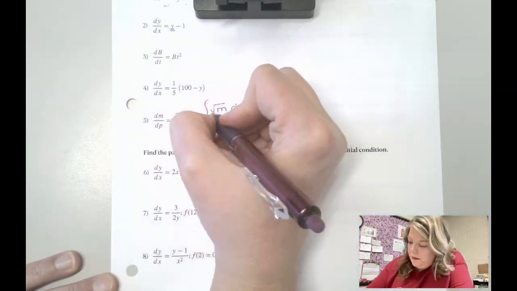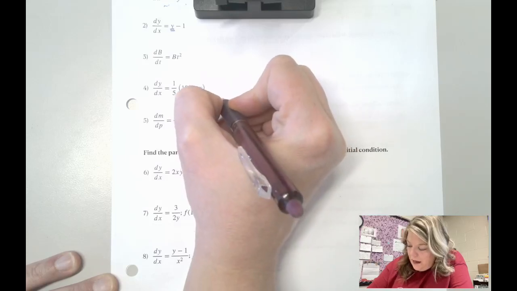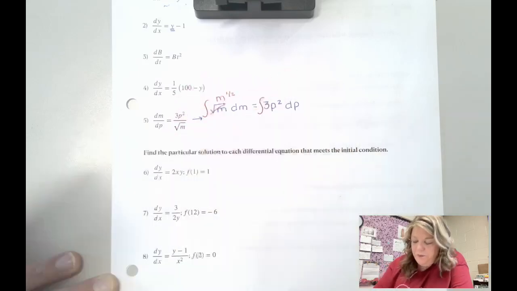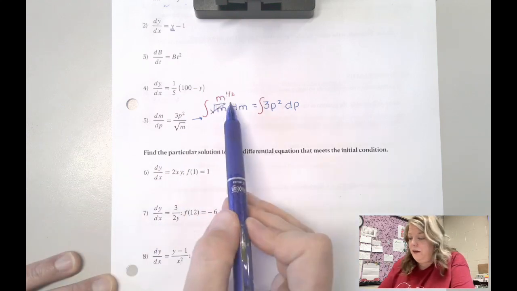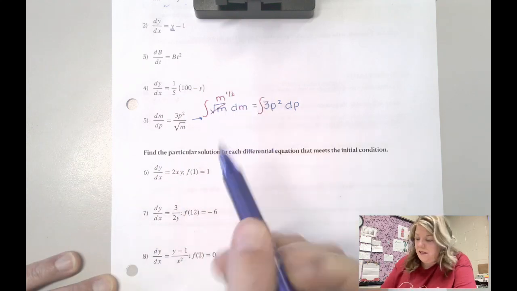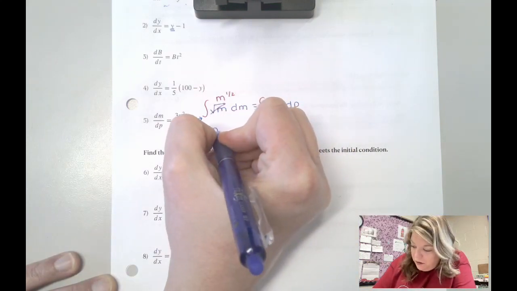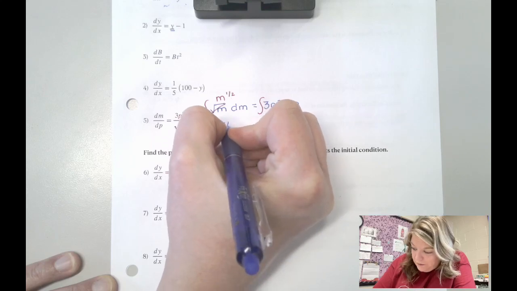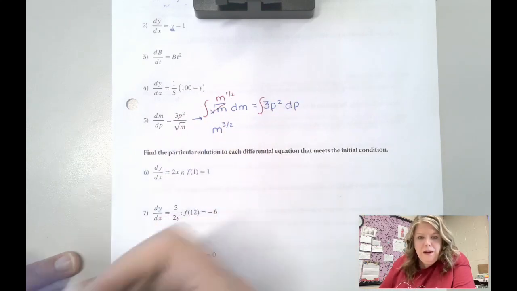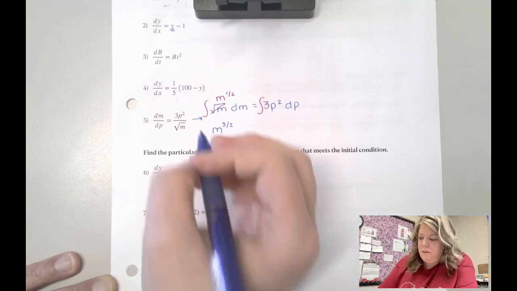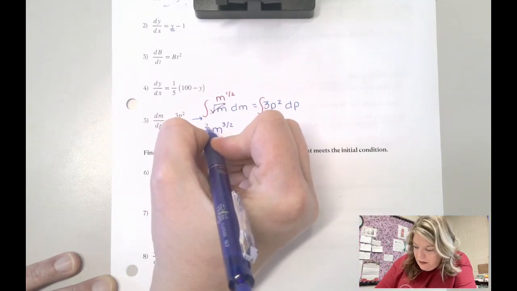I want you to remember that this square root of m is really m to the 1/2 power. So when I go to take my integral, or my antiderivative, I'm adding 1 to this exponent, which is going to give me m to the 3/2 power. And then I'm dividing by that 3/2, or you can think about it as multiplying by a reciprocal. So this is going to give me a 2/3.